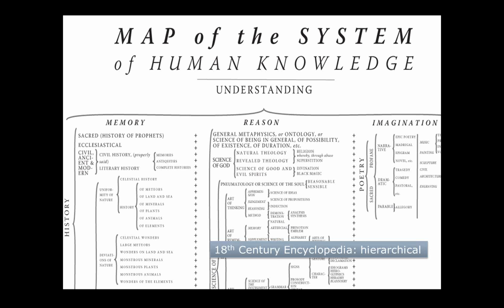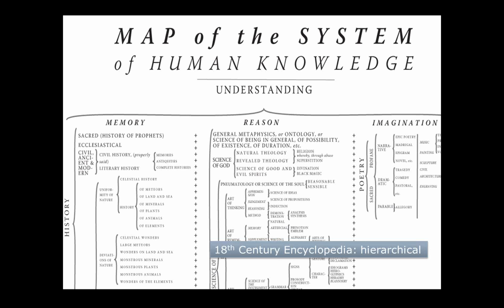So in the 18th century, the era in which the encyclopedia was invented, we had a very, very hierarchical approach in which the various encyclopedia writers attempted to come up with an overall hierarchy of all human knowledge. And several of them were tried. Some of them look quite funky today. But all of them proved unsatisfactory in one way or another.